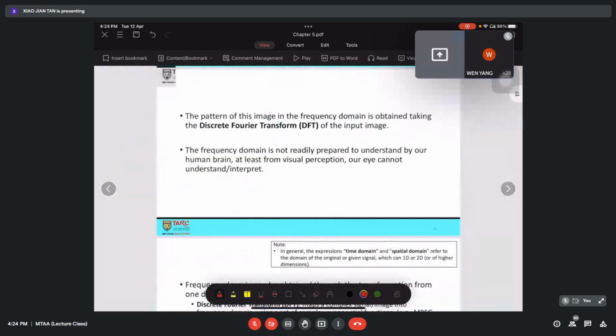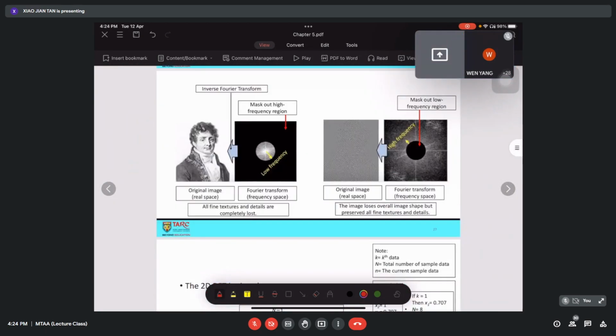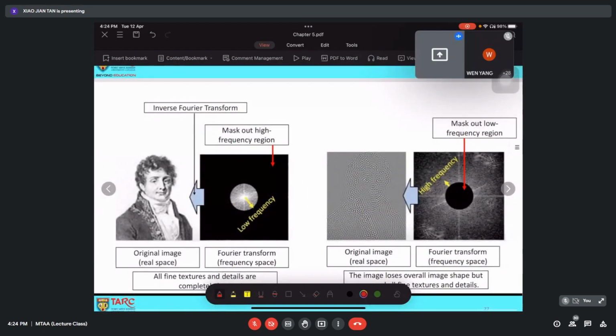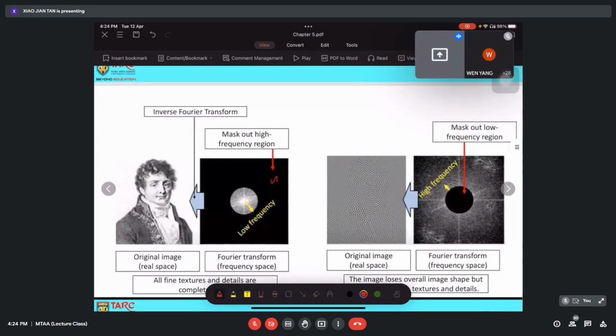When you remove or mask out the region of high frequency information, you will still be able to get the original image, but with degraded details, texture, and so on. That is because all the texture and details are considered high frequency information.